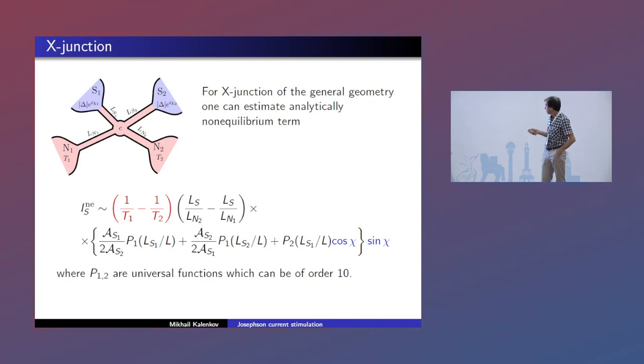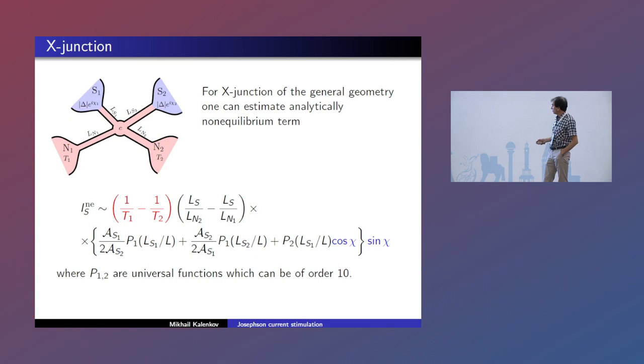For a junction of the general geometry, so there is no restriction on the length of wires, we can obtain this approximate result, which shows that the sign of the non-equilibrium contribution again can be controlled by the temperature or the junction geometry, and has this particular phase dependence.